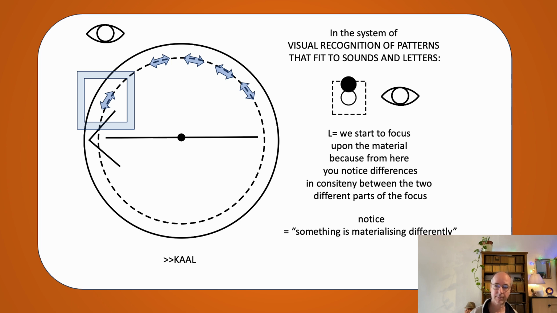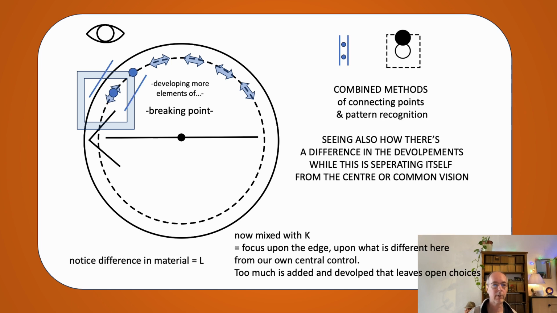So when we combine both, we have the connecting points which just follow whatever we have and connect to it. We also notice at the same time differences in material.